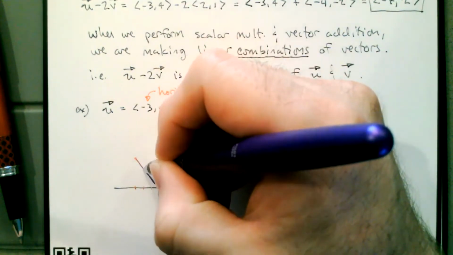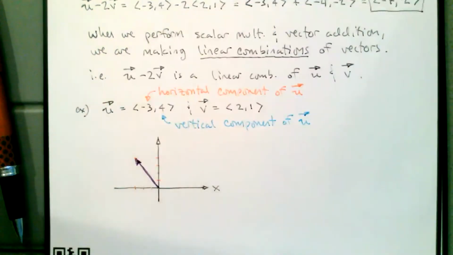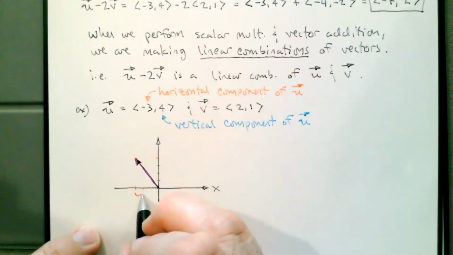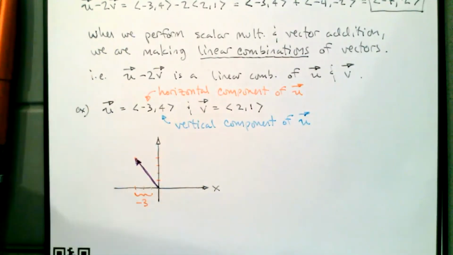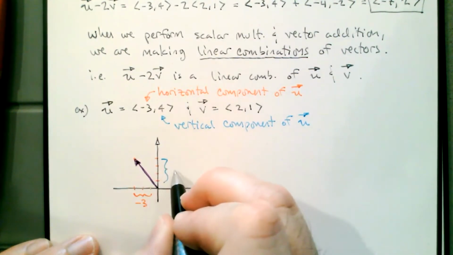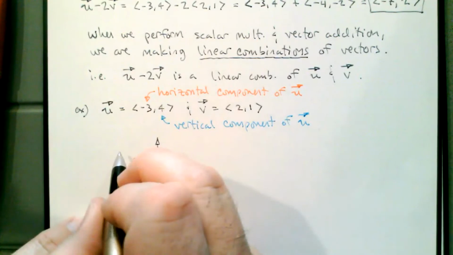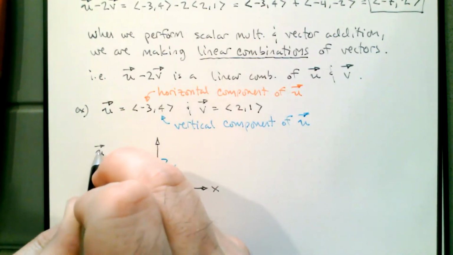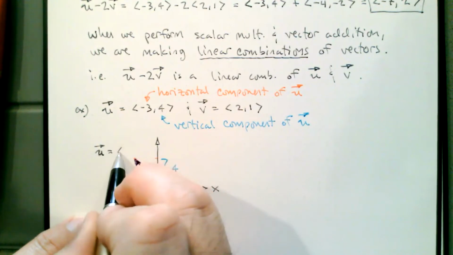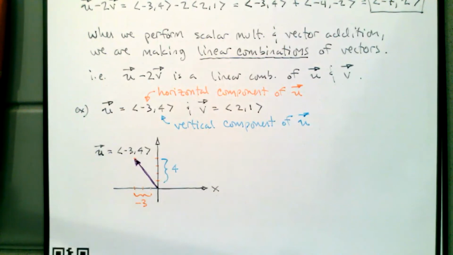Here's our negative 3, our horizontal component, and our vertical component is 4. So here is the 4. Just like with points, coordinates, but we're interpreting this not as a set of coordinates, but as the components of a vector, not the coordinates of a point. Here's u in standard position.